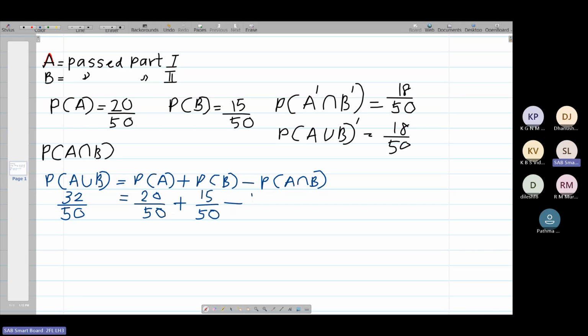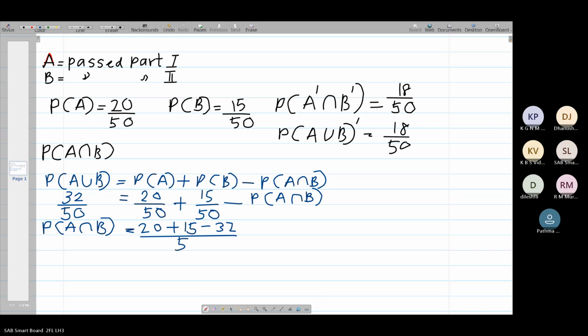Then we can get the value of A intersection B. It means 20 plus 15 minus this value 32. What is the intersection? 3 over 50. It means 3 students passed in both parts, A and B.